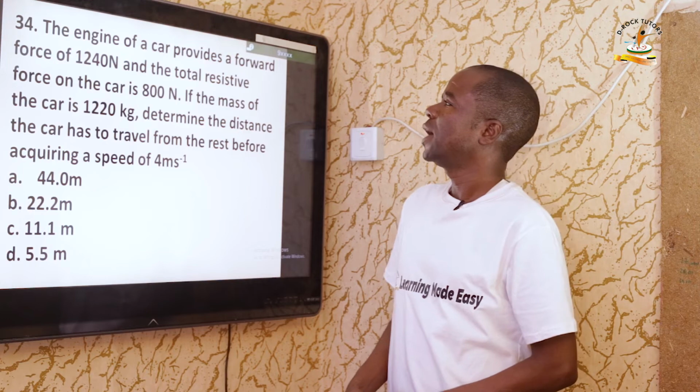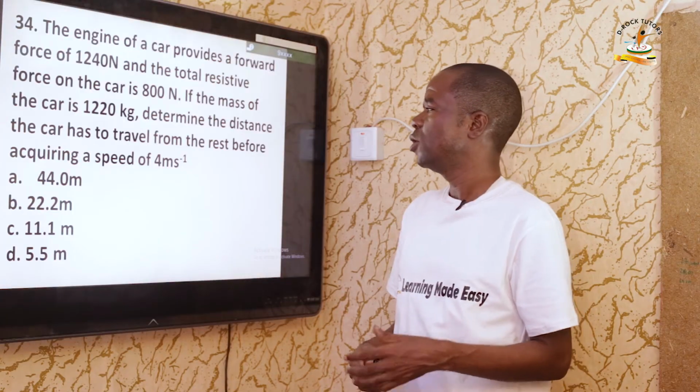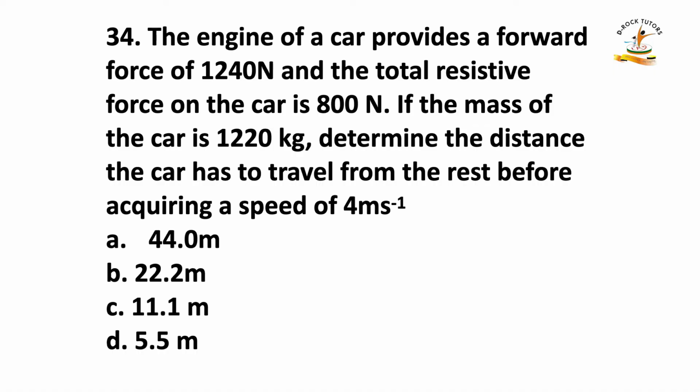The engine of a car provides a forward force of 1,240 Newton, and the total resistive force, that's talking about the frictional force, on the car is 800 Newton. If the mass of the car is 1,220 kilograms, we are to determine the distance the car has to travel from rest before acquiring a speed of 4 meters per second.